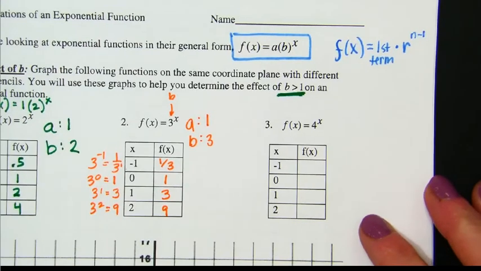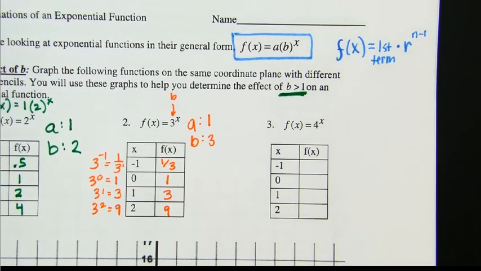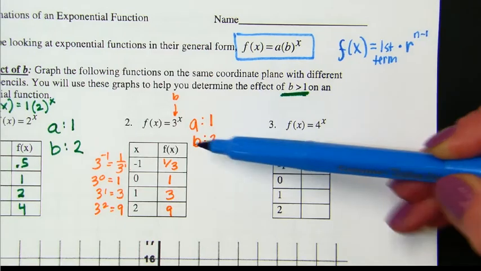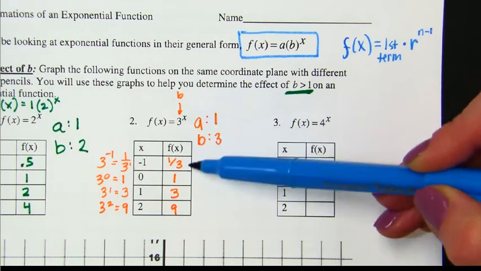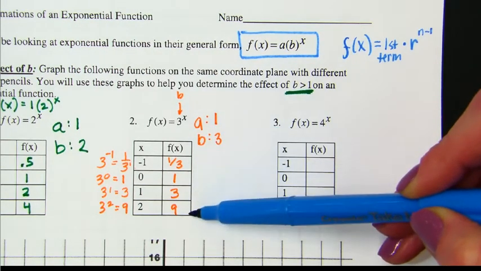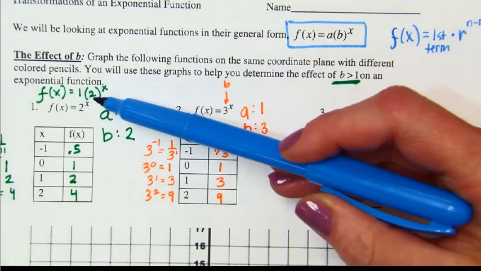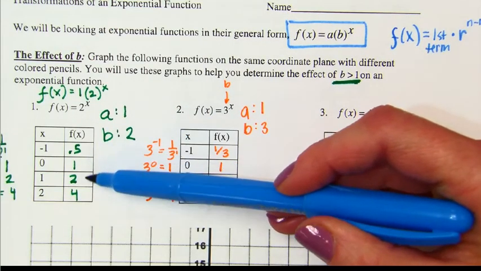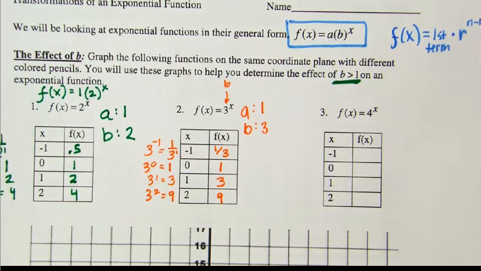It's very, very similar in that the base of the exponent is the ratio. And if we look down here, my base was a 3 and my ratio was 3. Over here, my base was a 2, my b is a 2, and my ratio was a 2. That's kind of interesting, right?